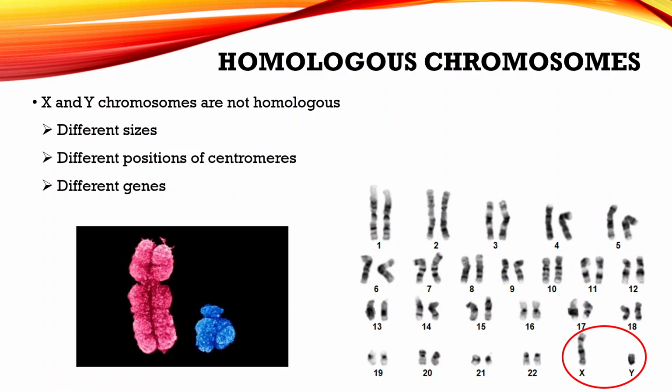The genes are different as well. The genes found on the X chromosome are not found on the Y chromosome, and vice versa. For example, on the Y chromosome we have genes that determine the person to be male. When we have the Y chromosome, we are male, but that's obviously not found on the X chromosome.